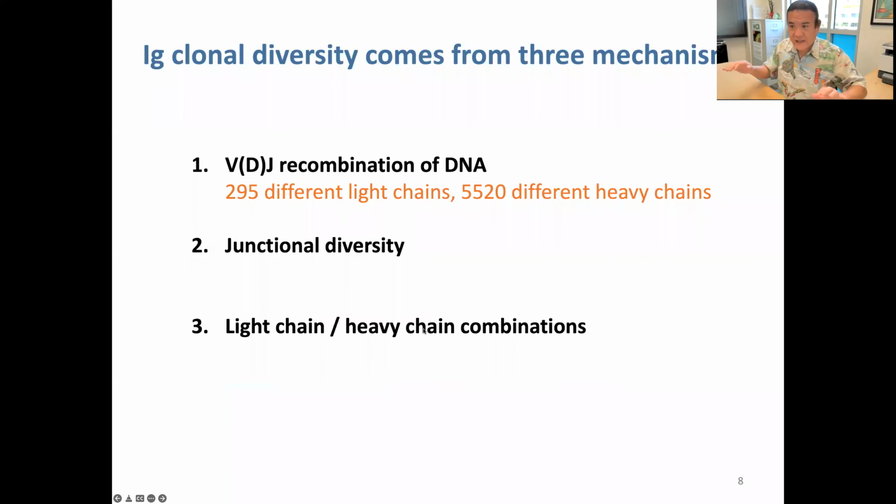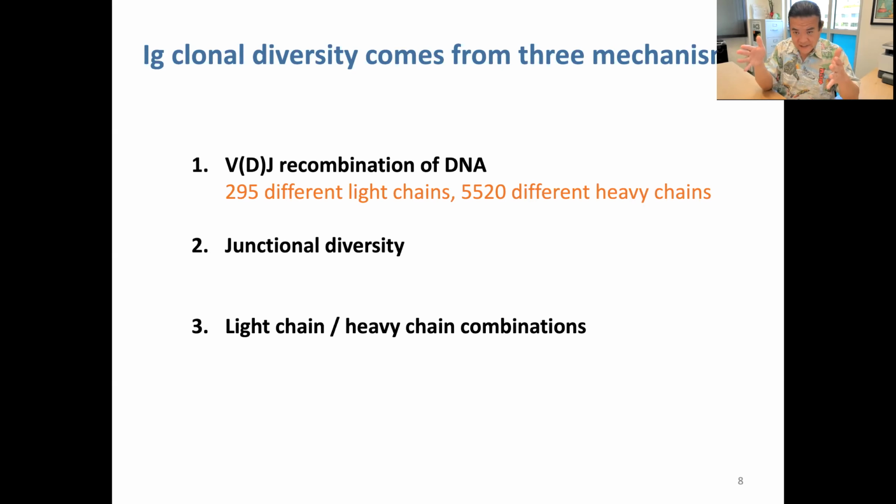So by just having the oven mitt randomly choose a red block and a yellow block for the light chains, or a red block, a yellow block, and a green block to make a heavy chain, once the rope is cut and reattached together, that combination, the probability, gives you about 295 different possible light chain sequences, or about 5,520 different heavy chains.